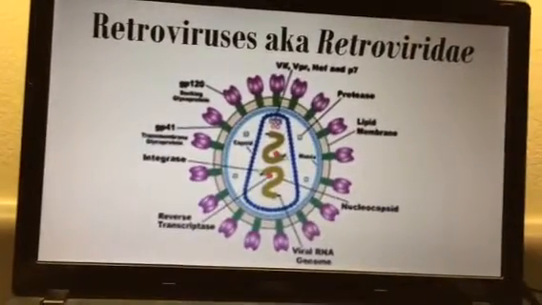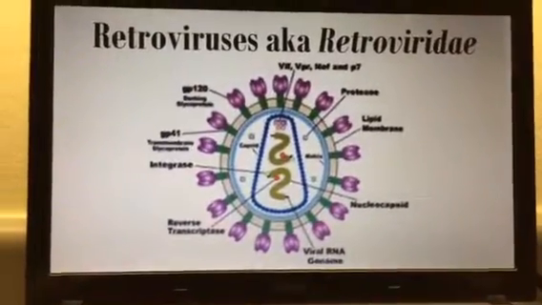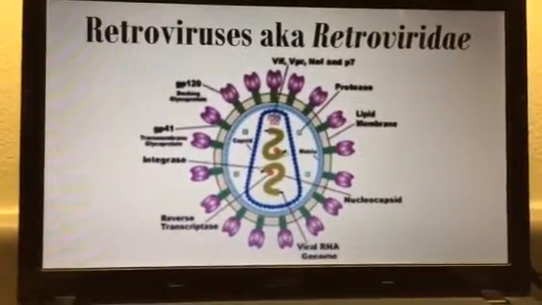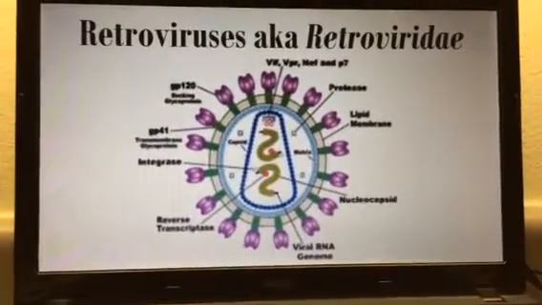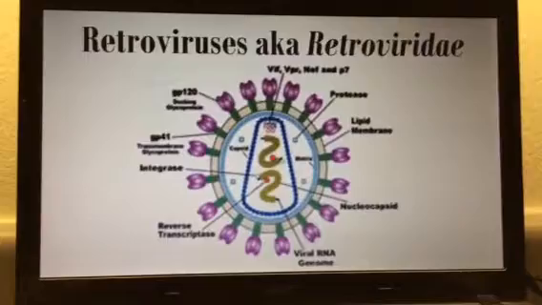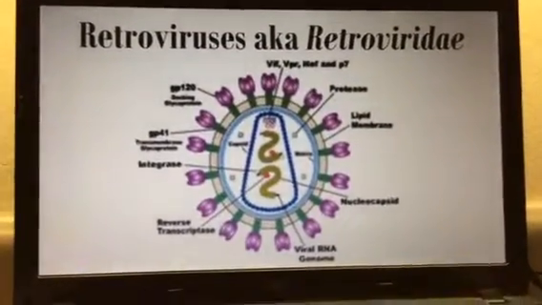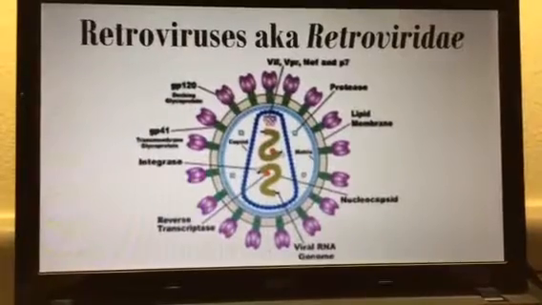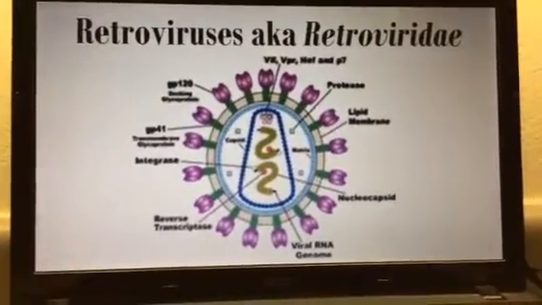The viruses are released through the cell membrane. So once the viral RNA is translated into viral proteins, the viruses are then released through the cell membrane. And the proteins will assemble new viruses.